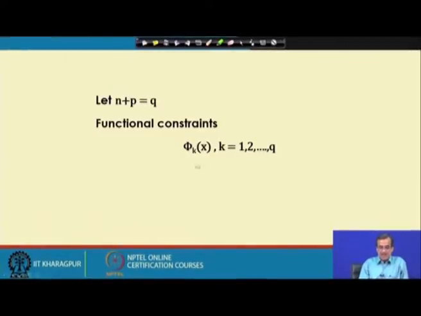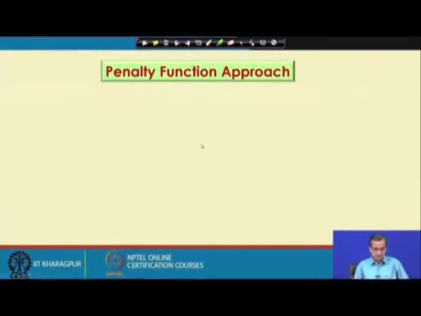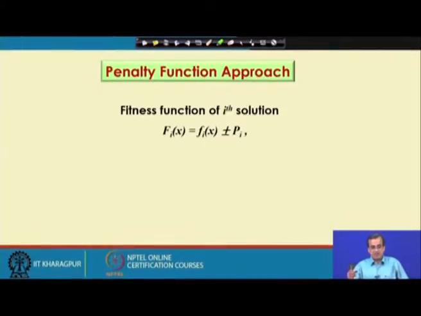So, this phi_k(x) is nothing but the collection of all functional constraints. To handle this constrained optimization problem, we take the help of an approach called the penalty function approach. Now, let us see how to use this.